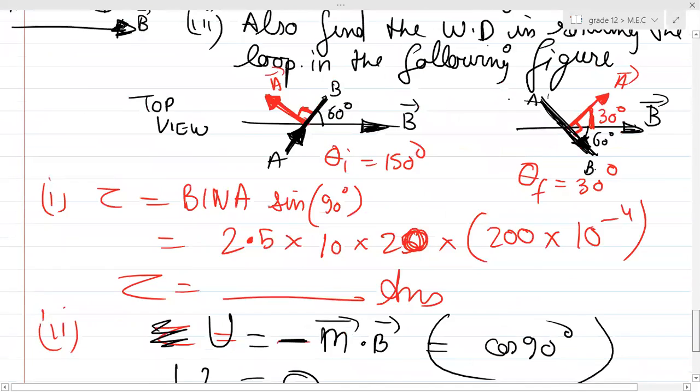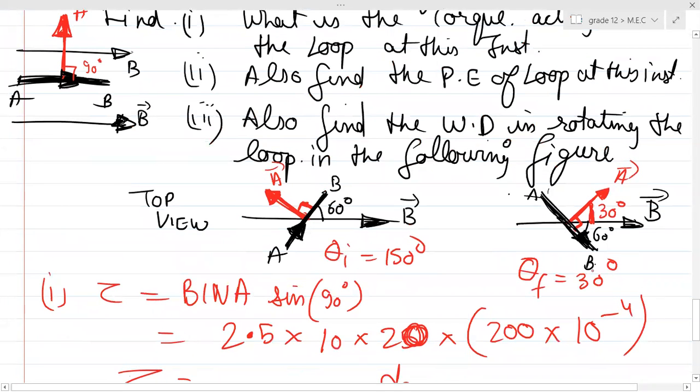Guys, are you understanding the question? Could you explain the last part once again? The last part, I told you, is the area vector. How do we find the direction of the area vector?